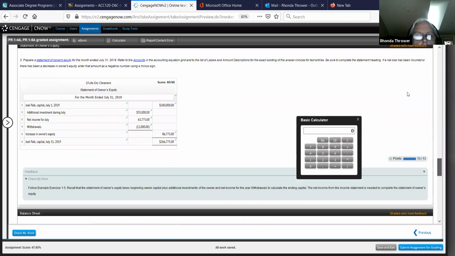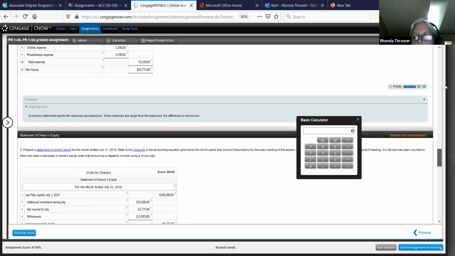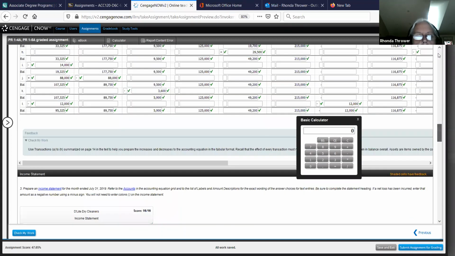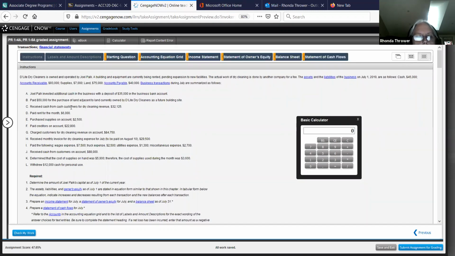And it might be simpler, class, if we just looked at the transactions here. We want cash that we paid for expenses, and that was not transaction B because we were buying land.